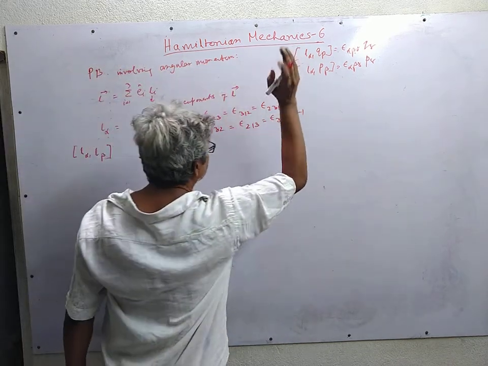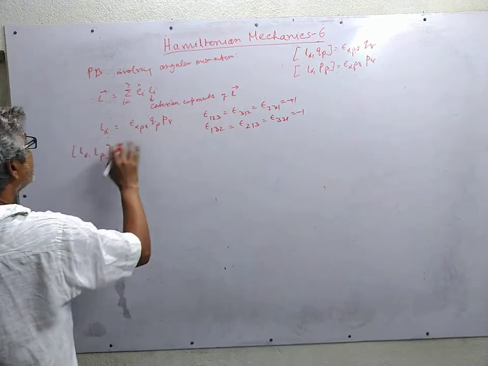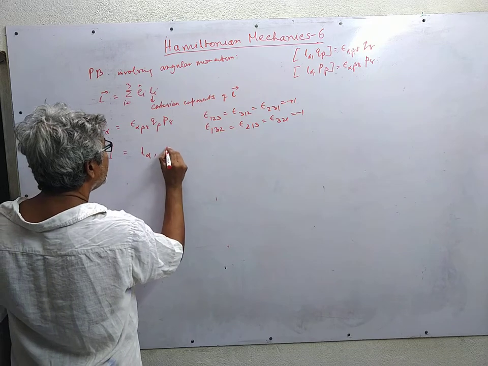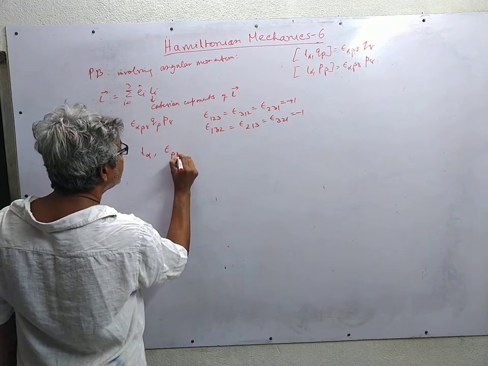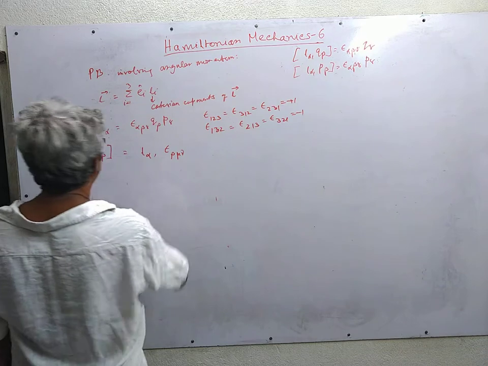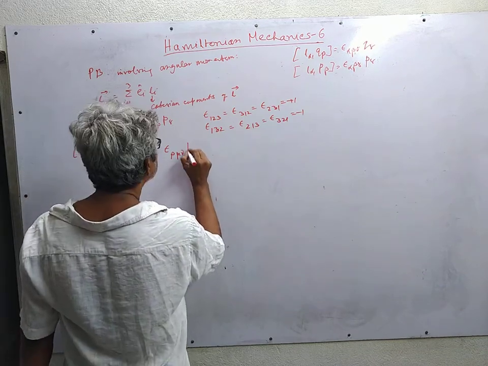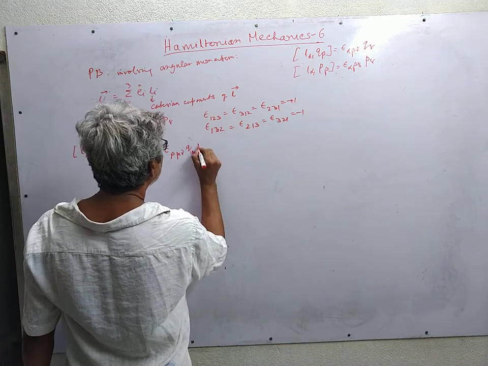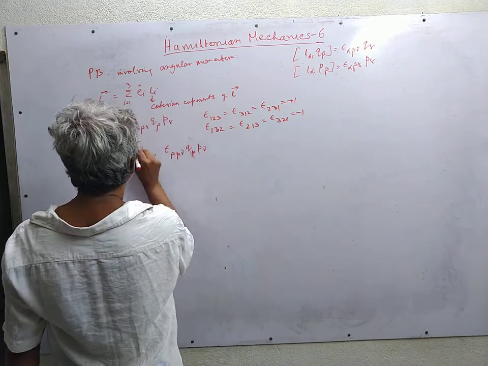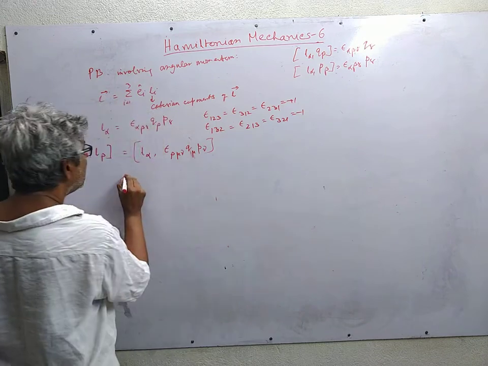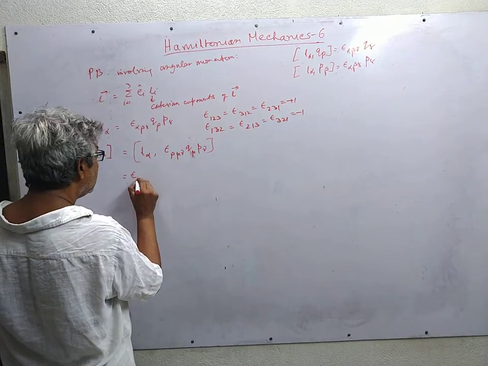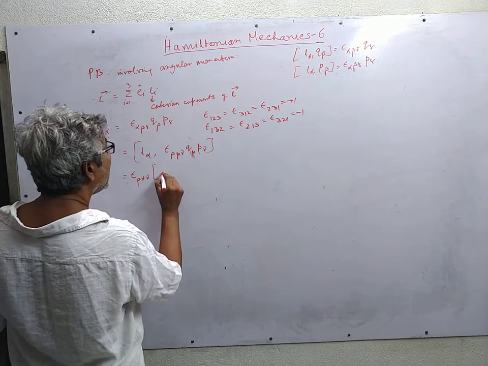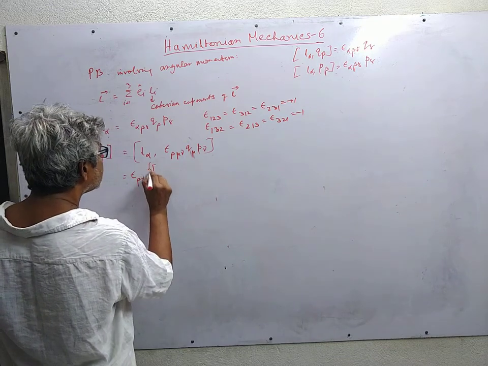To enable us to write this relation directly, we write it as L alpha, epsilon beta mu, and for L beta we write q mu p mu. So this is epsilon beta mu. Then we have 2 terms.